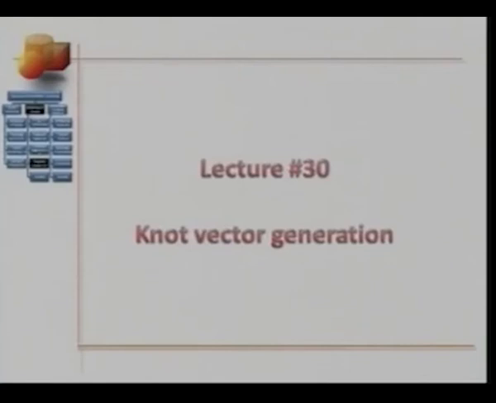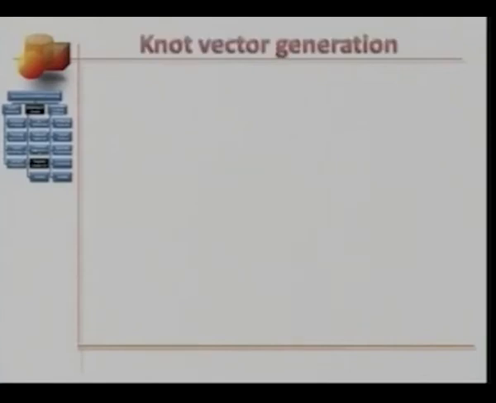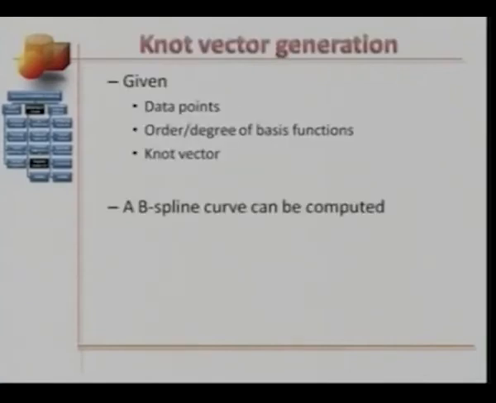This is lecture number 30. Today, we will concentrate specifically on knot vectors, knot vector generation. So, if you are given data points, degree of basis functions, and the knot vector, a B-spline curve can be computed.